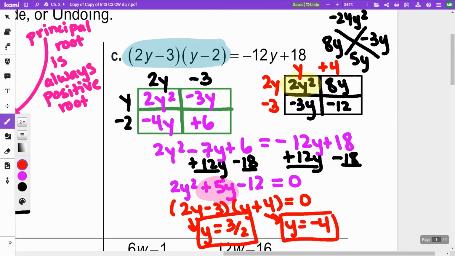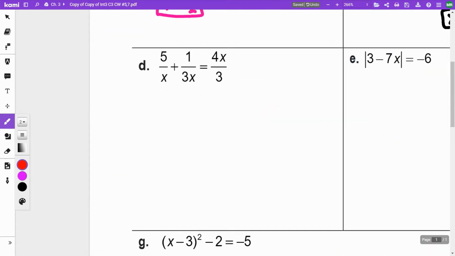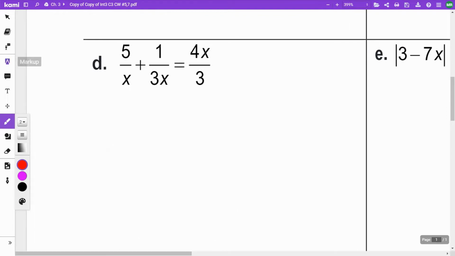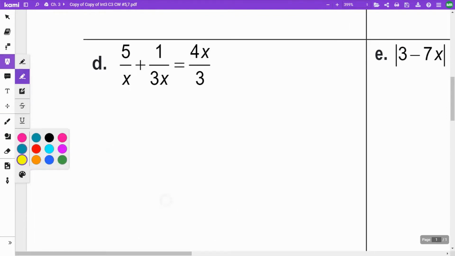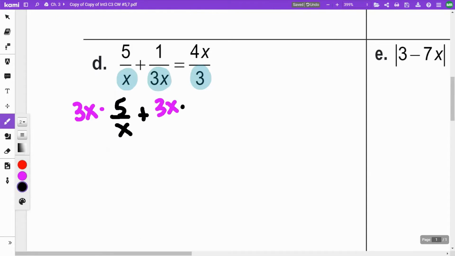Okay, on letter D. On D, different ways to do it, but I personally would fraction this. I want to multiply by something that's going to get rid of an x, a 3x, and a 3. And what that is going to be is to multiply by 3x. So I'm going to go 3x times 5 over x plus 3x times 1 over 3x.